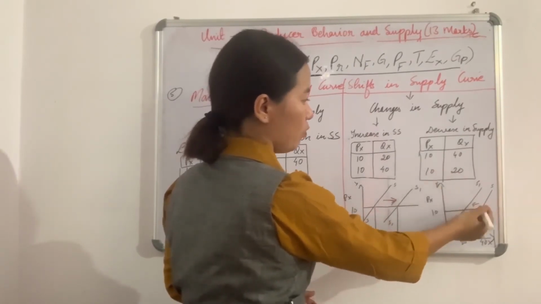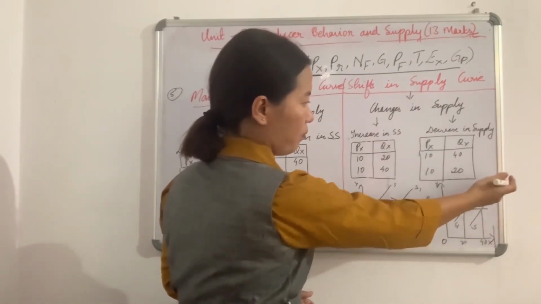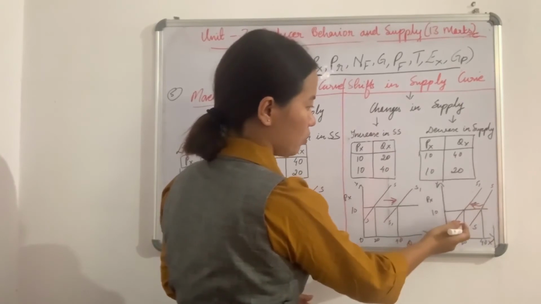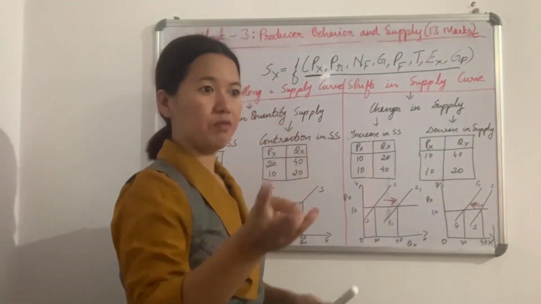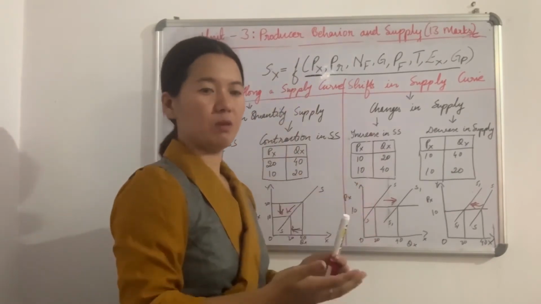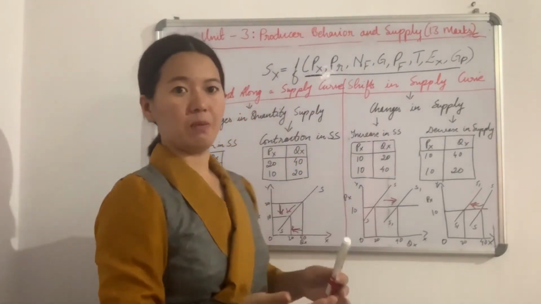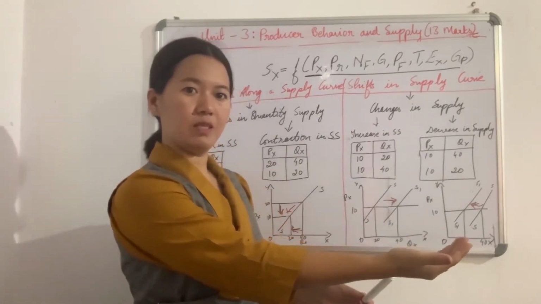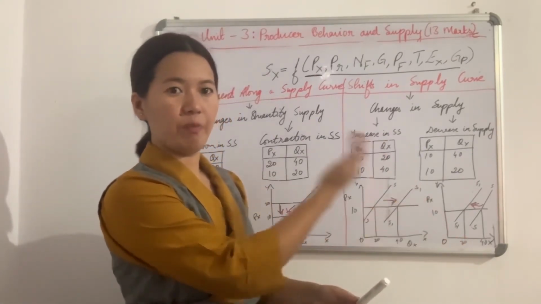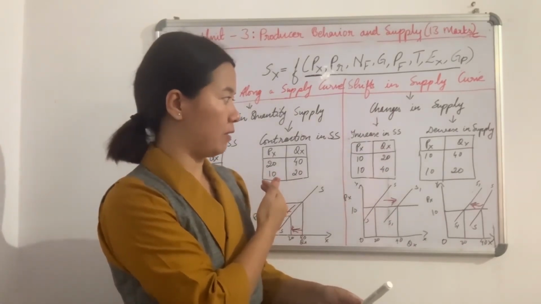So the supply curve would shift towards the left, that is from S to S1. So in a shift in the supply curve, there are two supply curves, the old supply curve and the new supply curve. The supply curve would either shift forward when there is an increase in supply, or shift backward when there is a decrease in supply.